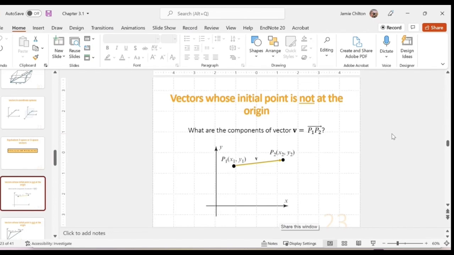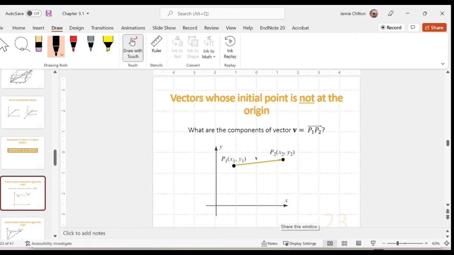Now we might have this situation where the vector's initial point is not at 0. One thing to note is that it's very easy to calculate the components for our vector V. Here we have our P1. If you wanted to, you could relate it to the origin and call this OP1, with a little arrow over the top.